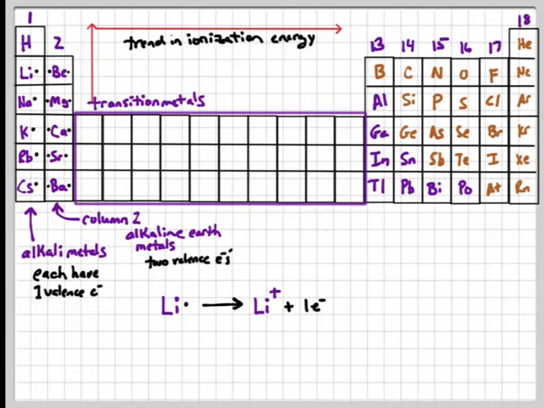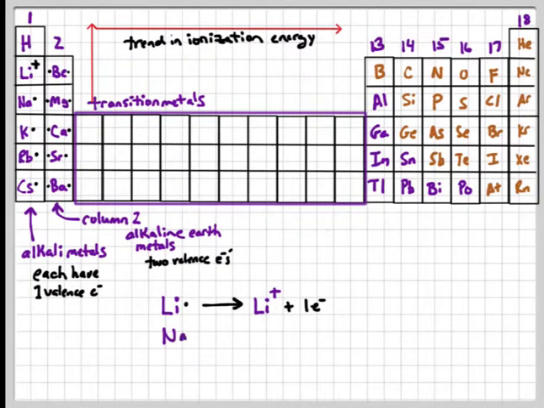But the valence electrons for metals are relatively loosely held with low ionization energies, and so we can have this type of reaction: lithium losing one valence electron to form lithium plus. And of course, I'm going to put that into the periodic table here.